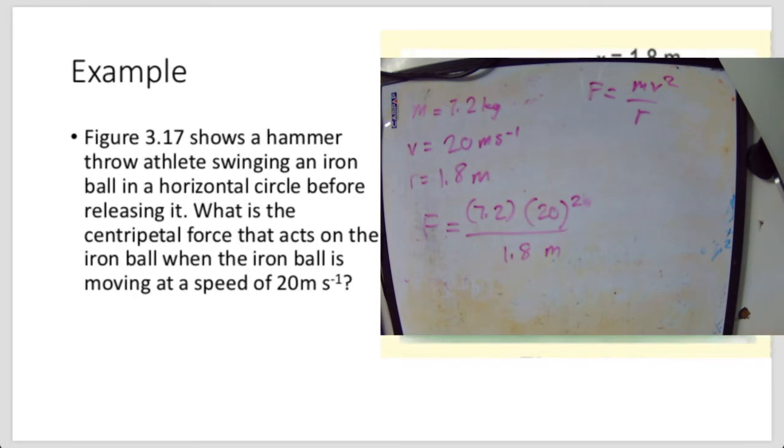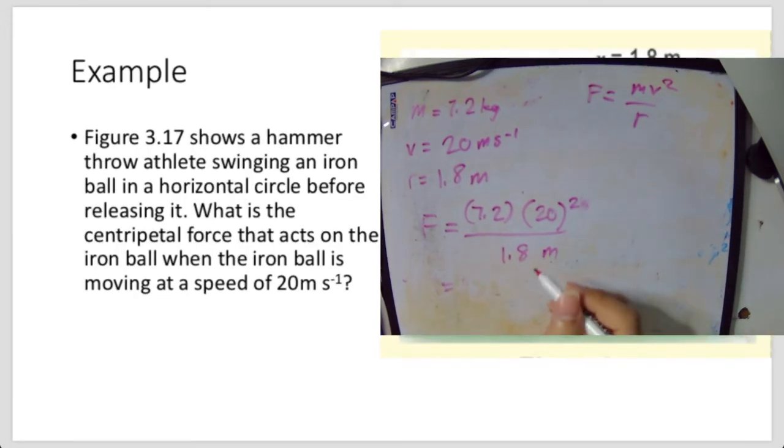So if we were to find our final answer, 20 times 20 equals 400. 400 times 7.2 equals 2,880. Then divided by 1.8.